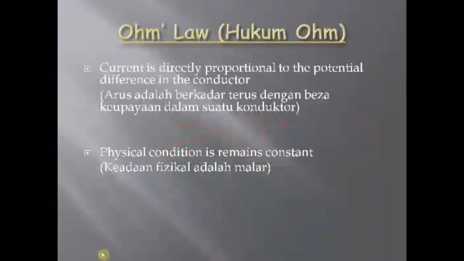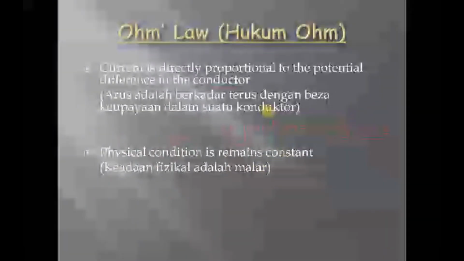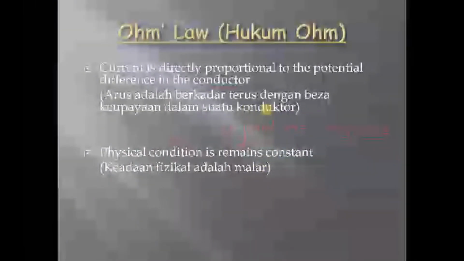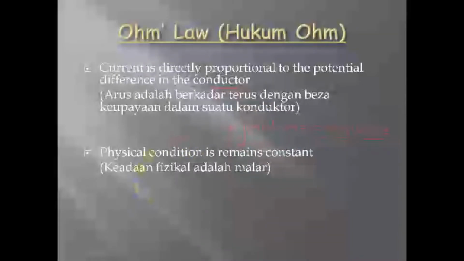So dia kata apabila kamu nak penghantaran berlaku, kamu memerlukan conductor. Okay, dan conductor itu mempunyai physical condition constant. What do you mean by physical condition constant? Keadaan fisika dia malah. This is a very nice thing I tell you.